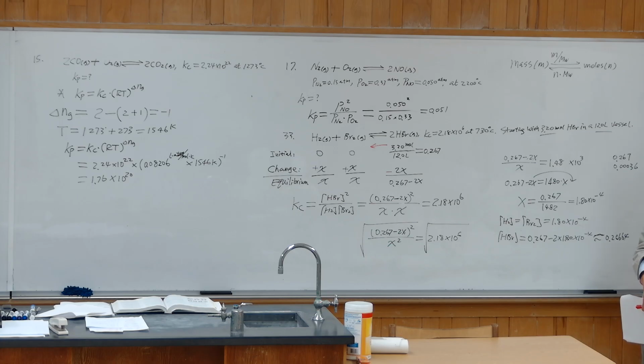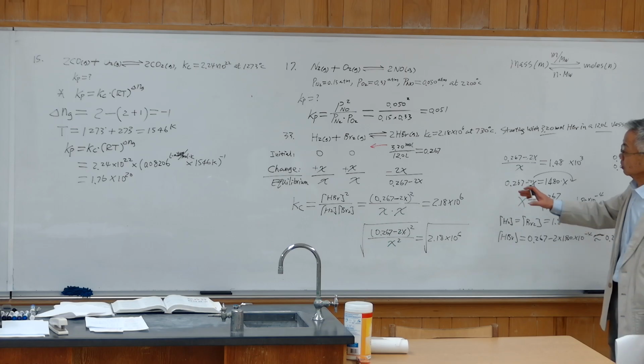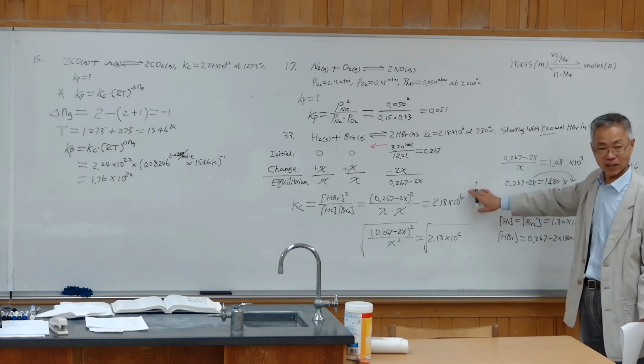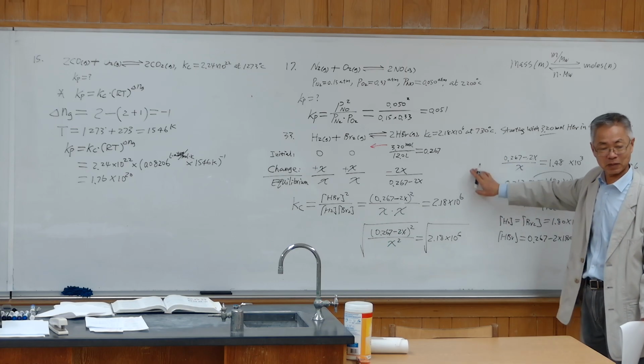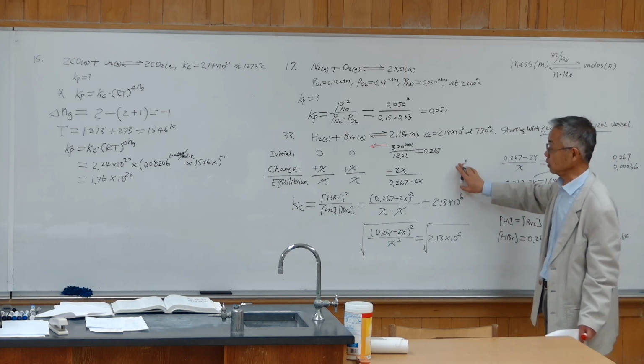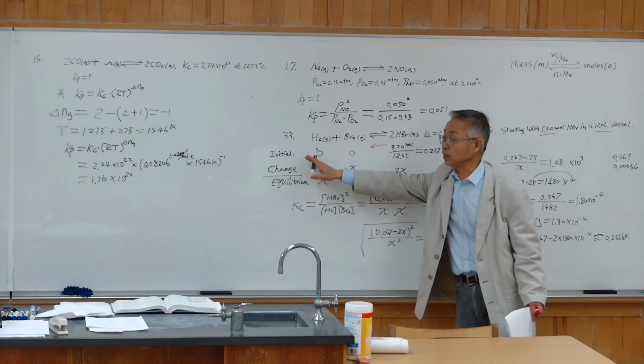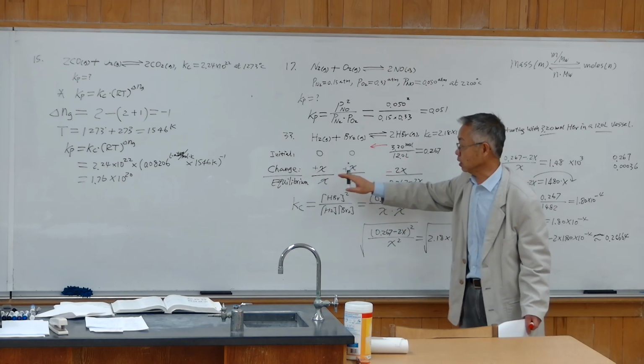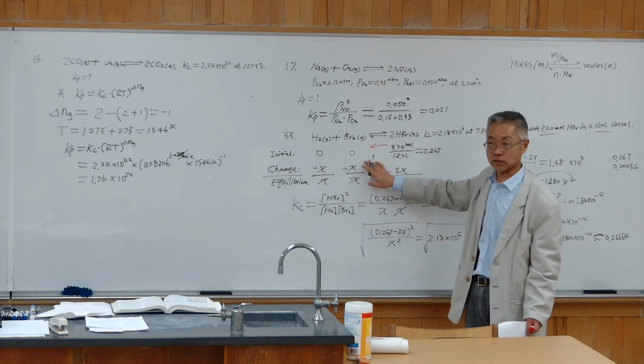Are you okay with this? This is a little bit harder, but this is a very common example of an equilibrium problem. Okay. You need to set the initial and the change, and set a variable.